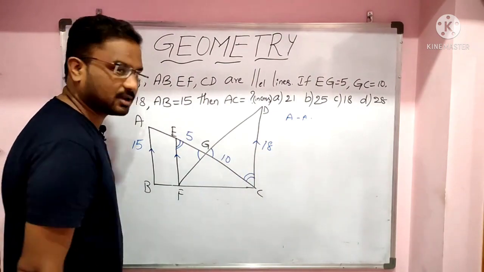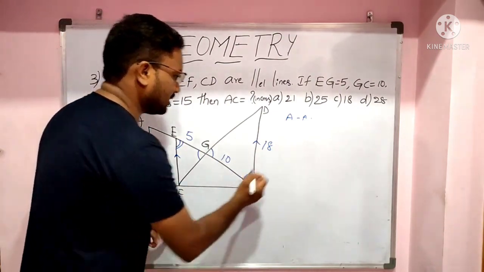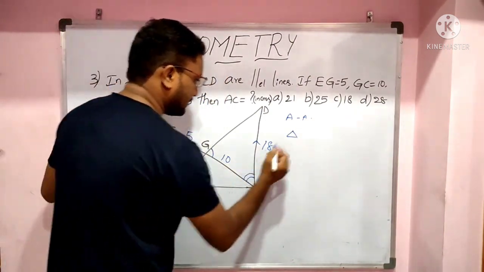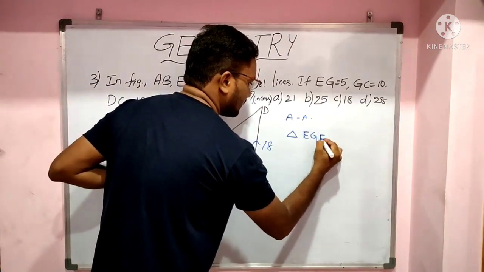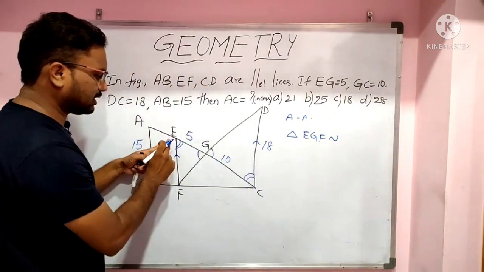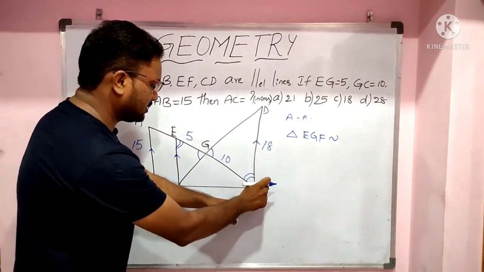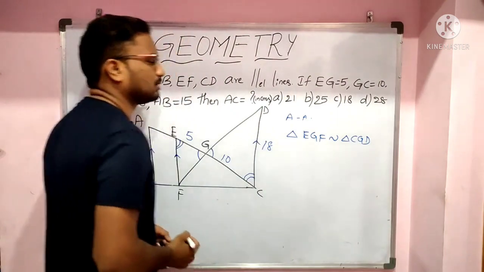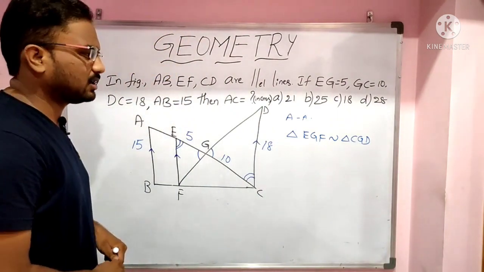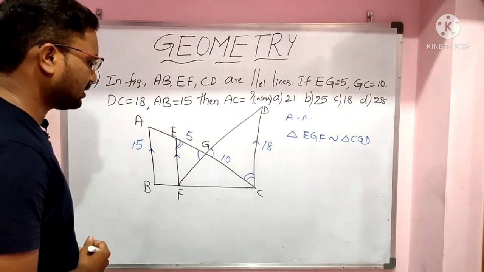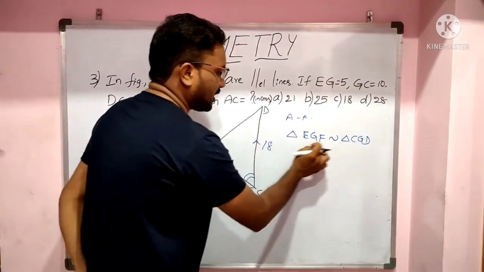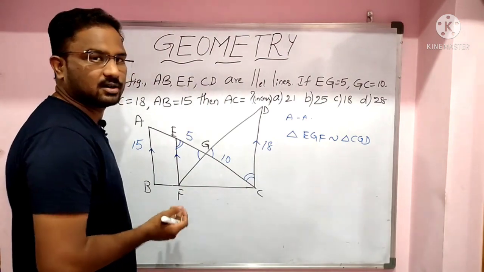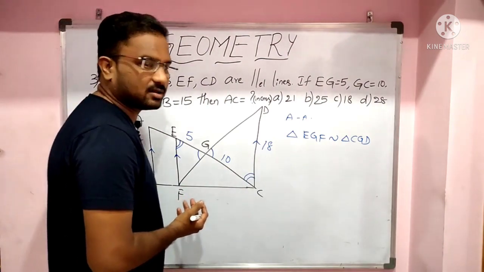That means triangle EGF is similar to triangle CGD. And if two triangles are similar, then the ratios of corresponding sides are always equal.